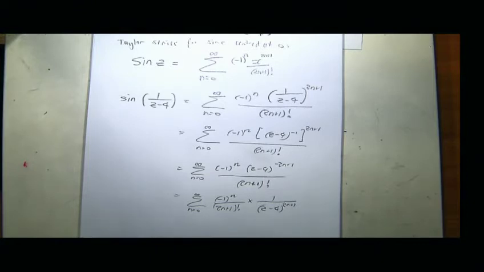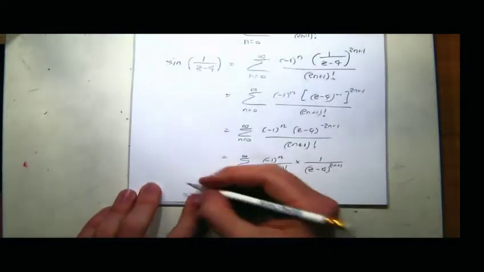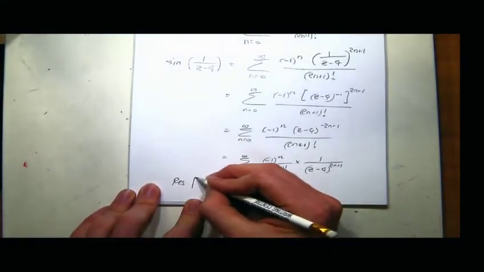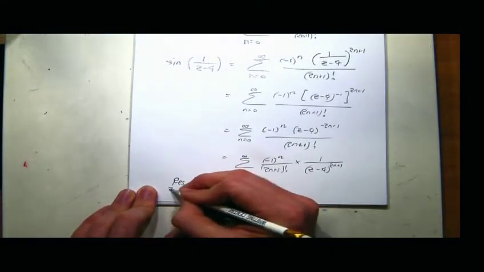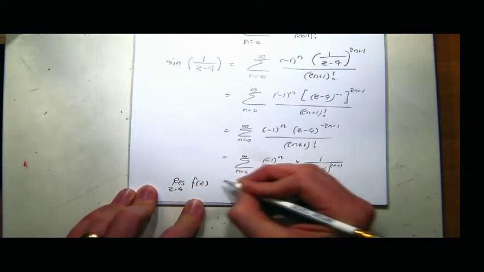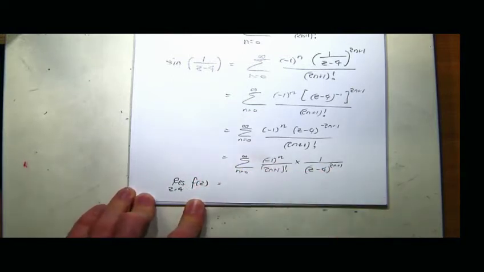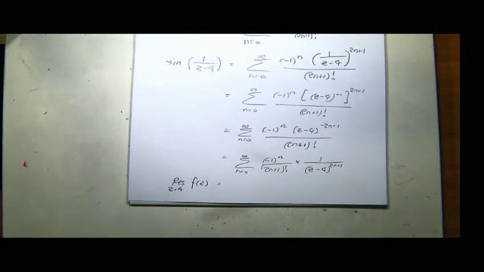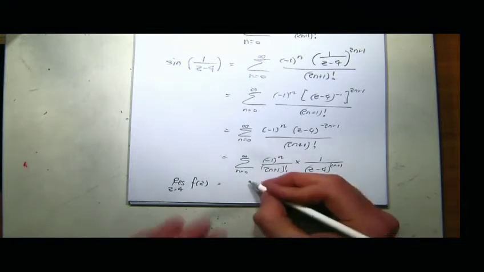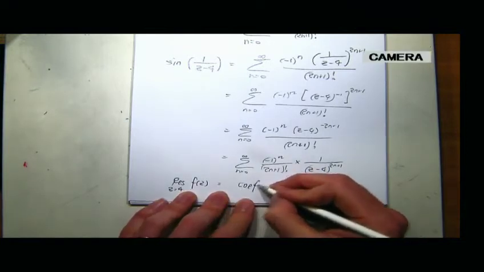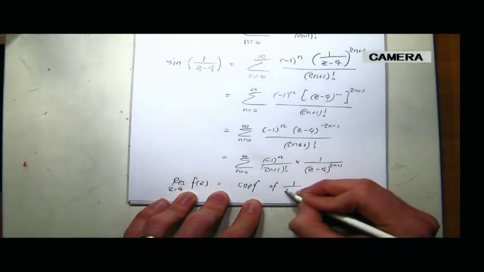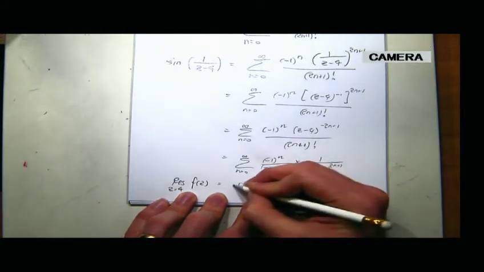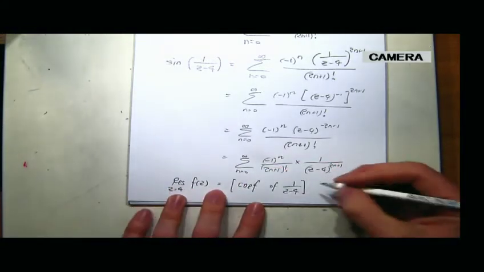That's great. So if I wanted the residue, just to be clear, the residue of f of z at z equals 4 would be the coefficient that gives me the 1 over z minus 4. Okay? Coefficient. That's what it is.